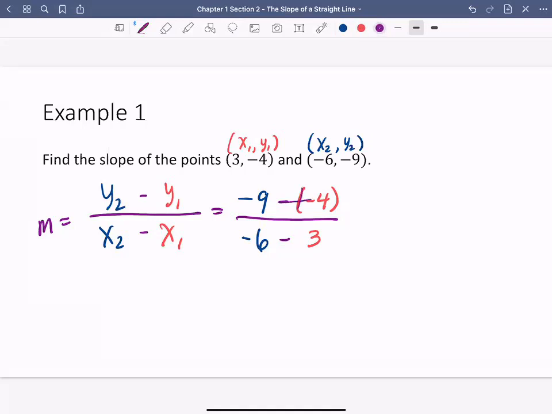Negative and negative, this becomes a plus sign here, right? Negative times a negative is a positive. So -9 plus 4 gives me -5, over -6 minus 3, which is -9. So this simplifies to 5 over 9. So this is my slope. If I was to graph a line through these 2 points, I would get the slope of 5 over 9. So from one point, I'd go up 5, and then to the right 9.